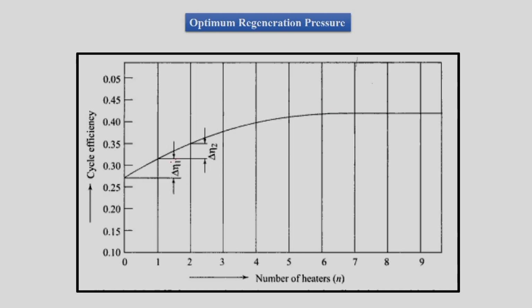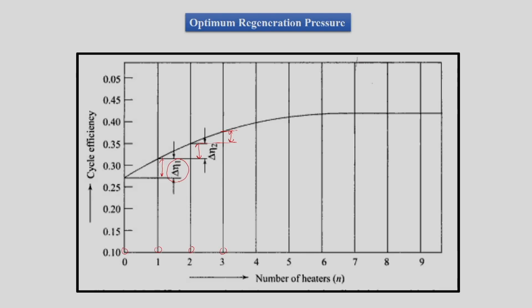So this is what we say, delta N1, when we had 0 feed water heaters and then we went to 1 feed water heater. If we move from 1 to 2 feed water heaters, then this is delta N2. If we move from 2 to 3, then this becomes delta N3. So this is the jump in efficiency we are having.